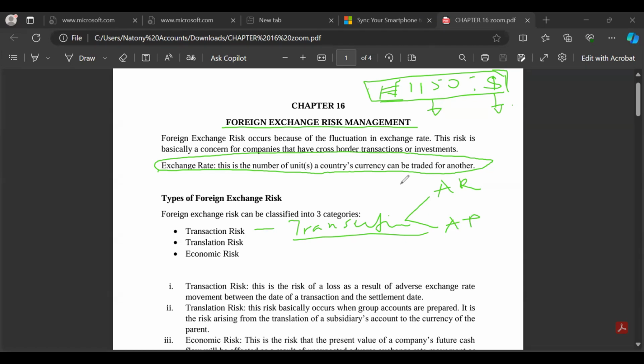As a company, at times you give your customers, for the receivable, say a 30 days credit term. Your supplier, on the other hand, may give you a 30 days, 45 days or 60 days credit term, as the case may be.